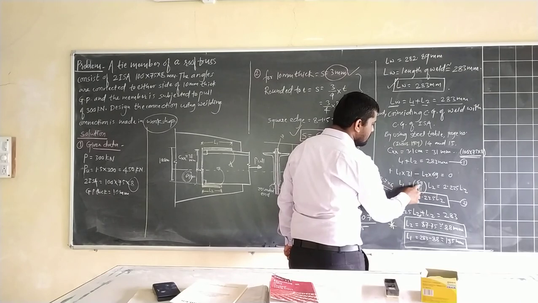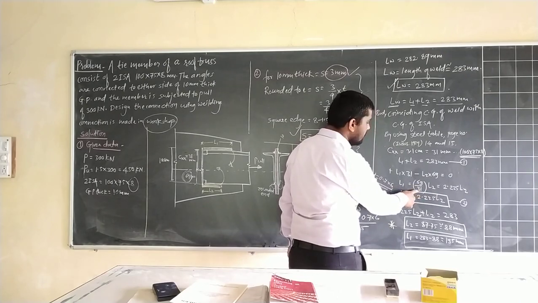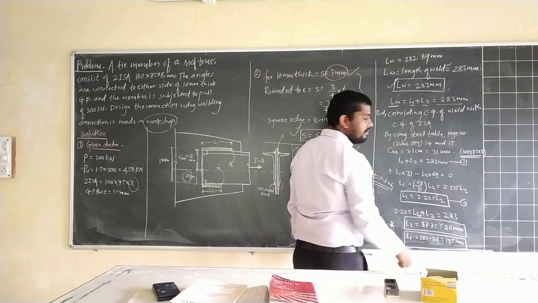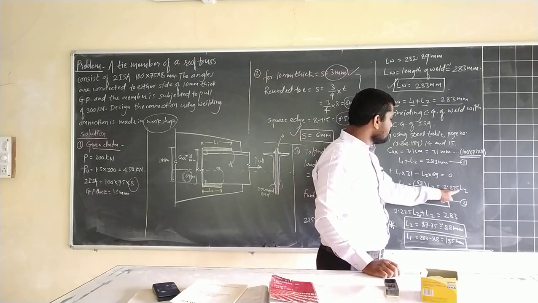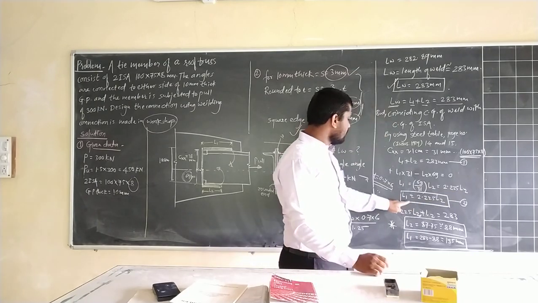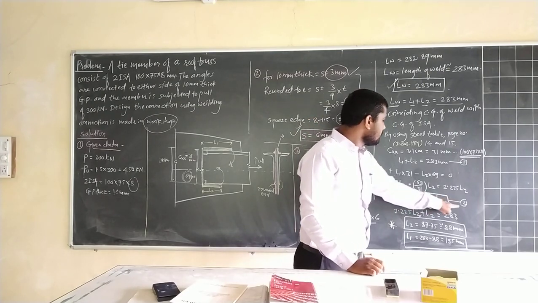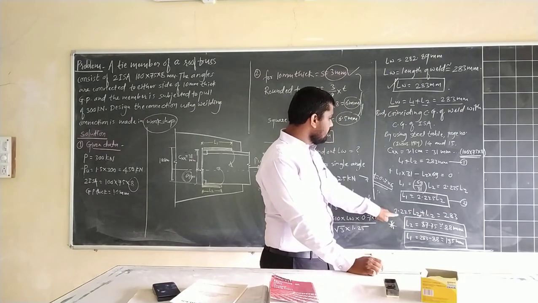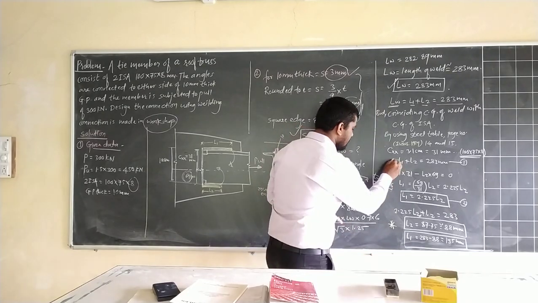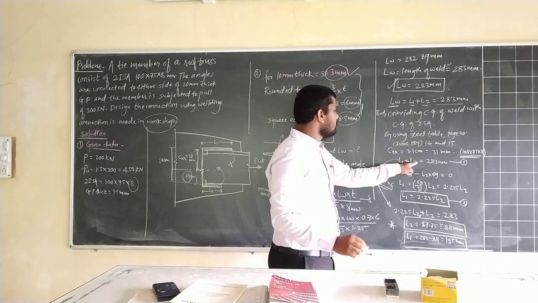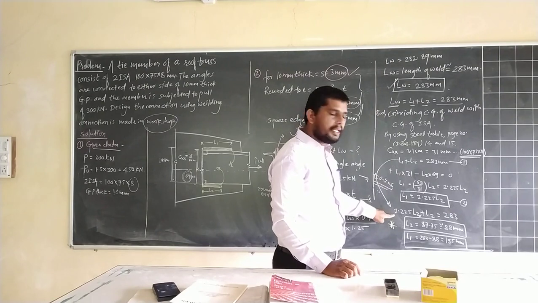So L1 equal to 69 divided by 31 into L2, which is equal to 2.225 times L2. So L1 value is equal to 2.225 times L2. This is the second equation. Then we know from the first equation, L1 plus L2. So substitute the value of L1.